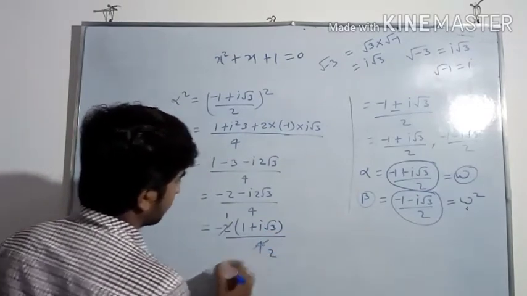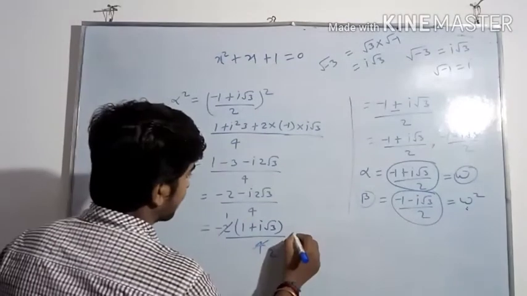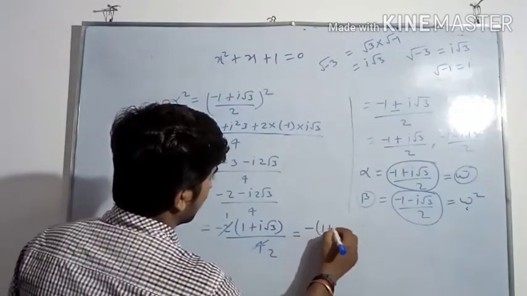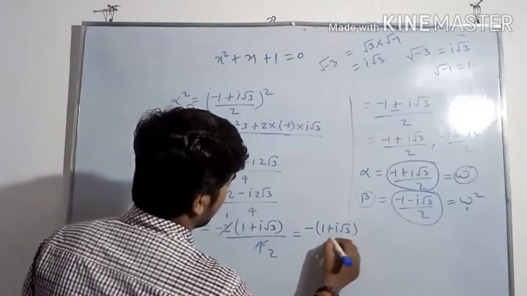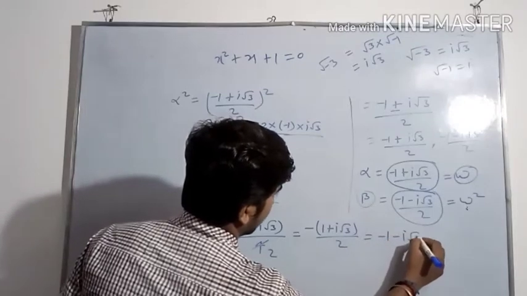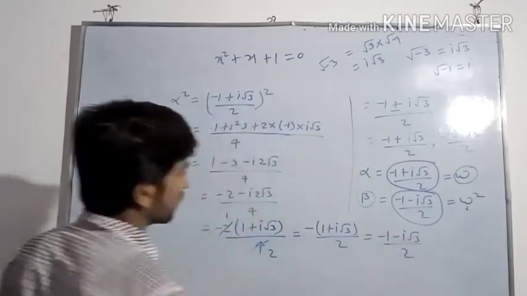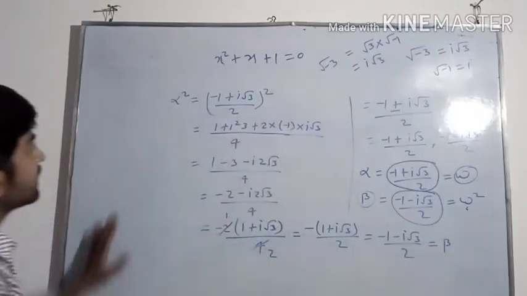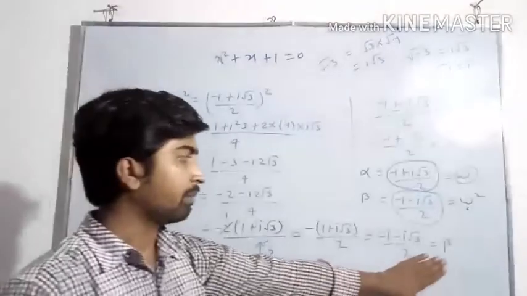2 twos are 4, so 4 will be cancelled out by 2, and this is equal to minus 1 plus i under root 3 by 2, and minus 1 minus i under root 3 by 2, and this is equal to beta. Means alpha square equals beta.